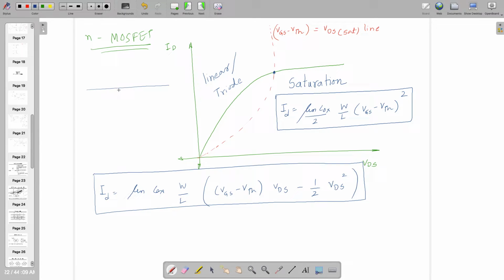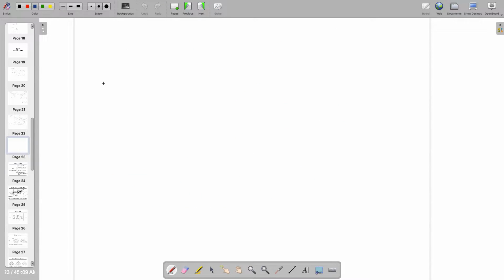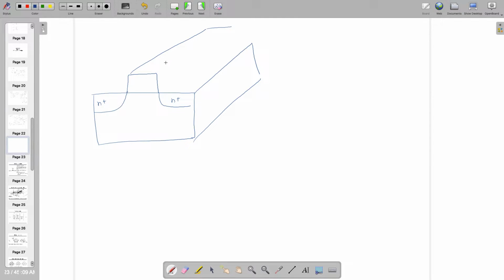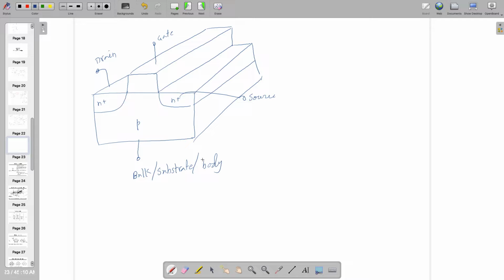So if you look at the structure, which I have shown in isometric view, this is gate, this side is drain, and the other side is source, and this is P, and it's bulk or substrate or body. Generally this goes to ground, right?